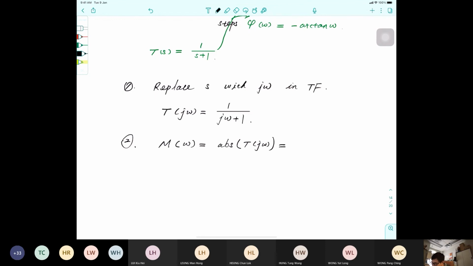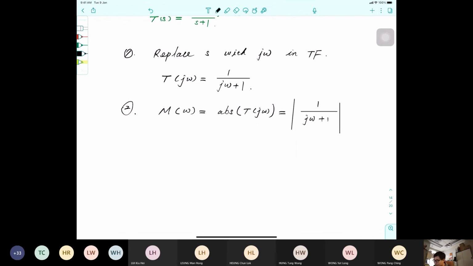That means it equals 1 over j omega plus 1, which equals 1 over square root of omega square plus 1.